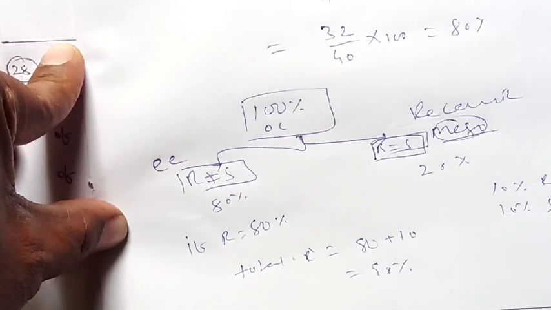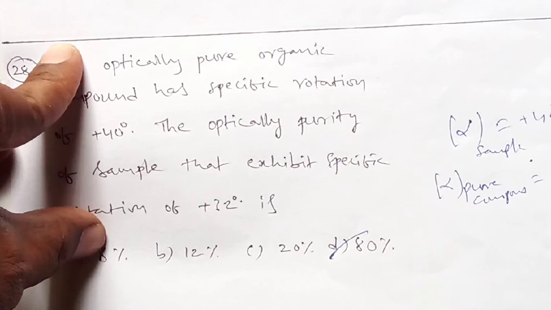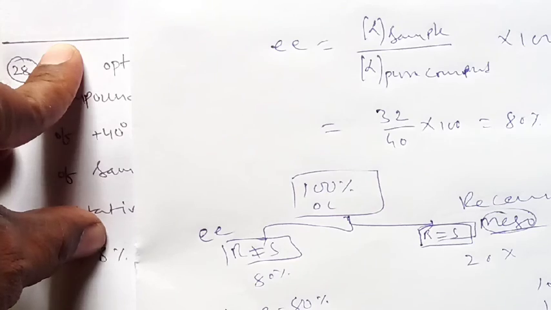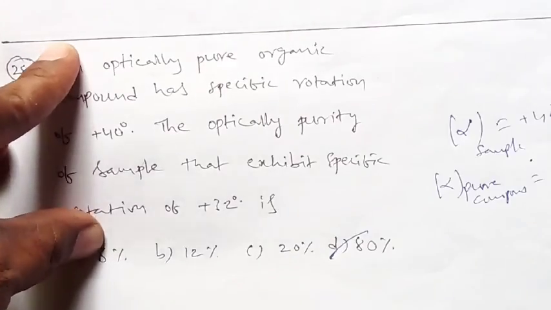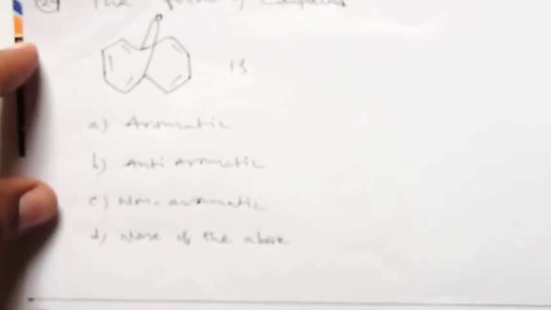This is one important way to identify the R form and S form clearly. Remember the simple formula, alpha of sample by alpha of pure compound, to find the enantiomeric excess. Is it clear?